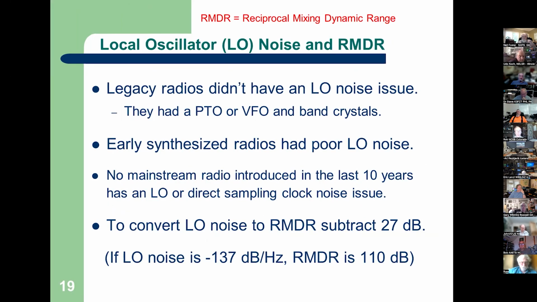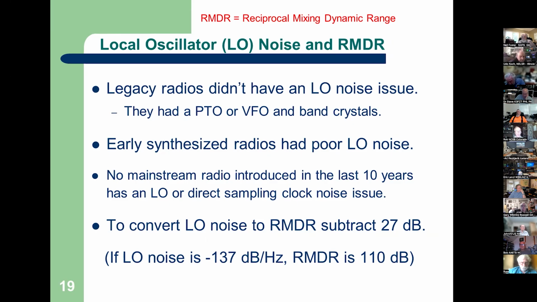Local oscillator noise probably isn't thought about much. In 2012, the League started publishing reciprocal mixing dynamic range, which dealt with local oscillator noise. Now, your legacy radios, like Drake and Collins, for example, didn't have noise problems. They had a PTO, permeability tuned oscillator, a VFO, and band crystals. All of those are low noise. But guess what?